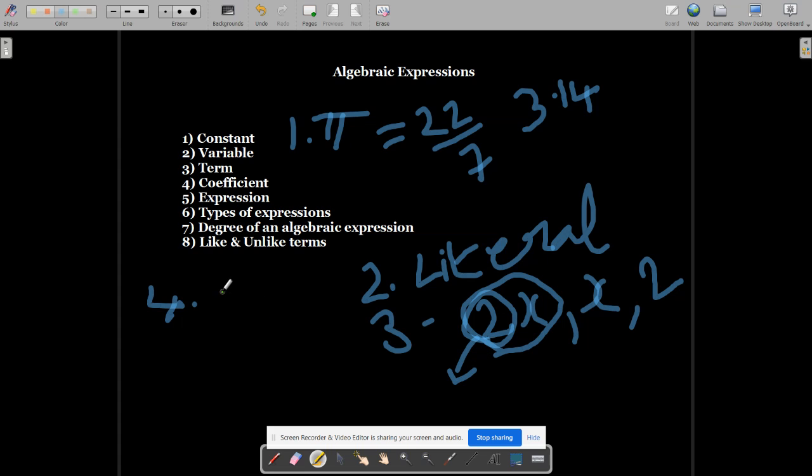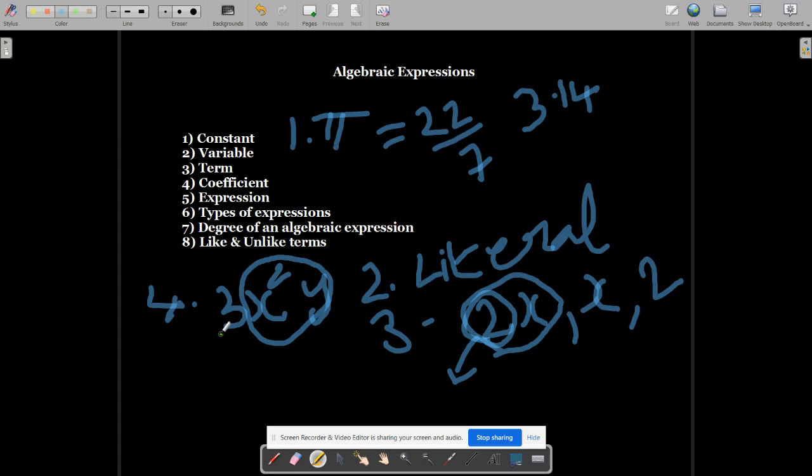For example, if 3x square y is a term, what is the numerical coefficient of x square y? That is 3.